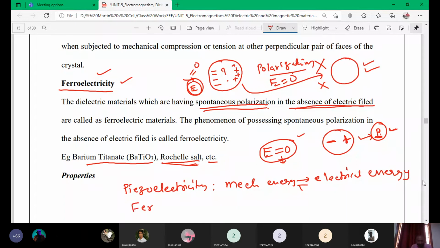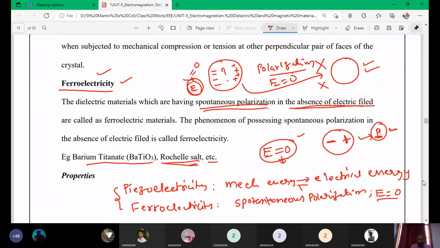And ferroelectricity means, these terms are very close, so there is a chance of confusion. Here they show spontaneous polarization, even when the electric field is zero, in the absence of electric field.